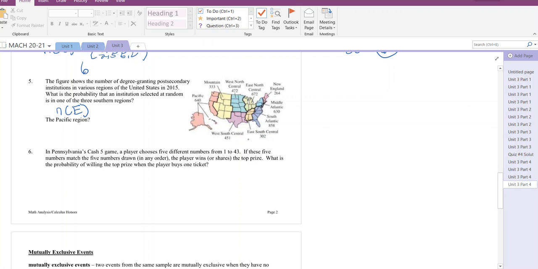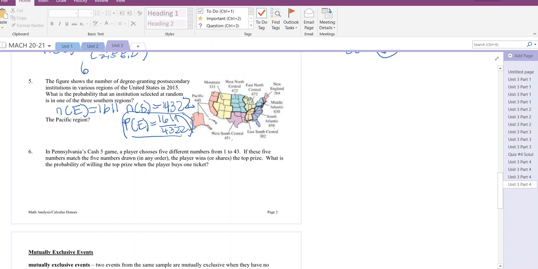If you add those up, 451 plus 302 plus 858, you get 1,611. The total number of colleges, if you add up all of these, is 4,322. So the probability is 1,611 over 4,322.